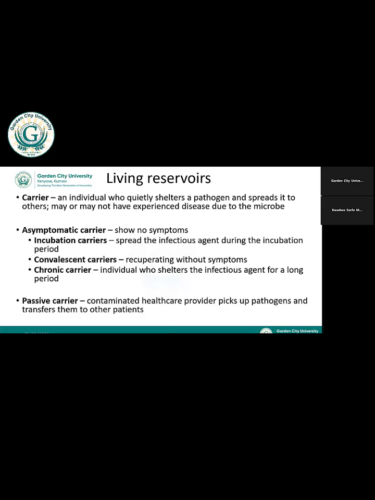Or the carrier could only be carrying the source without having the pathogens inside him or her. It's when the organism is living inside the person that it becomes a reservoir, naturally. So we have some asymptomatic carriers who will not show symptoms. These individuals are reservoirs, and then they shed the pathogens into the environment, or they transmit to other people.